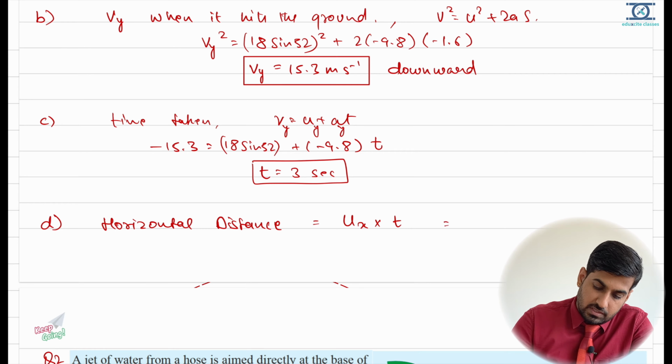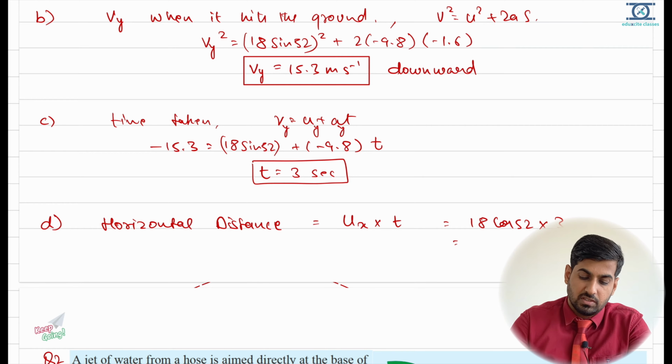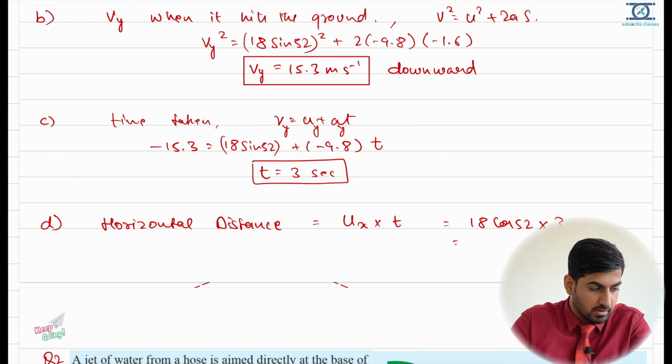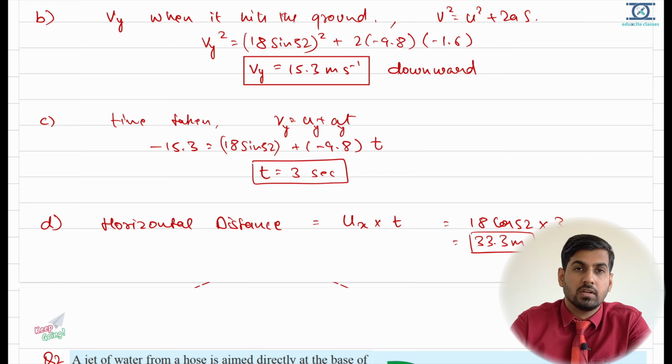So you can say 18 cos 52 times 3 seconds, which will give you the answer something around 33.3 meter. So that will be your answer for the D part.